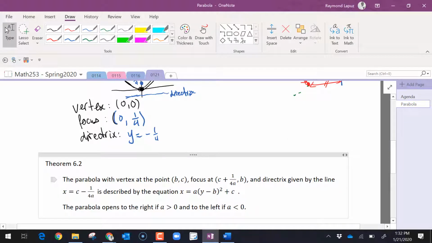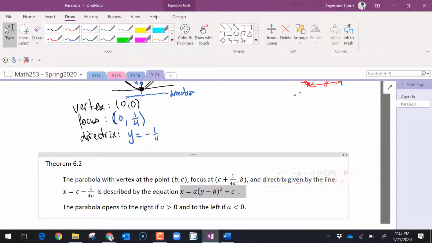So this time you have x equals a times (y - b)^2 plus c. Your parabola in this case is going to be opening sideways. If a is positive, it's going to open to the right. If a is negative, it's opening to the left.